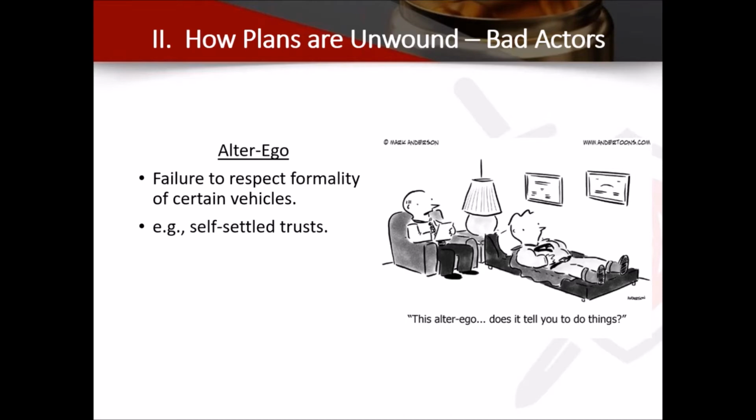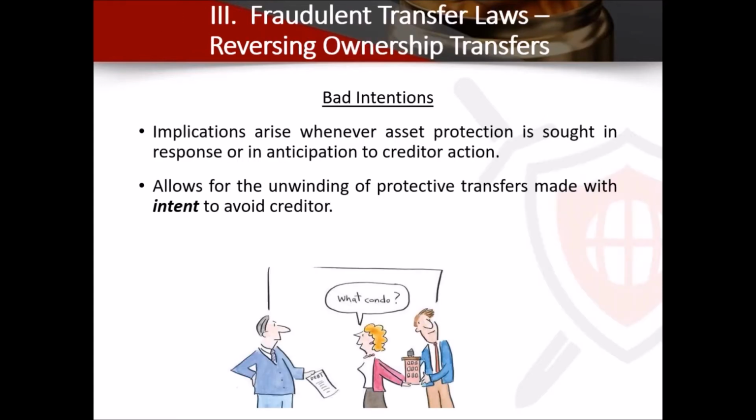Otherwise, it looks like the entity is you. So every state has a line of cases that talks about alter ego and the fact that it's really just the individual. We're not going to create a corporate veil. We're going to go take the assets because it's just them. There's no corporate structuring at all there. It's just pretend. That's alter ego.